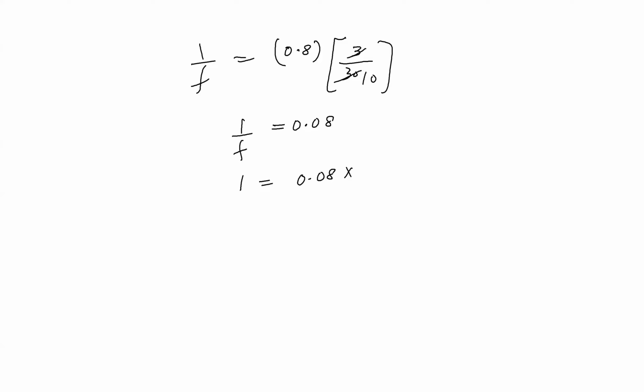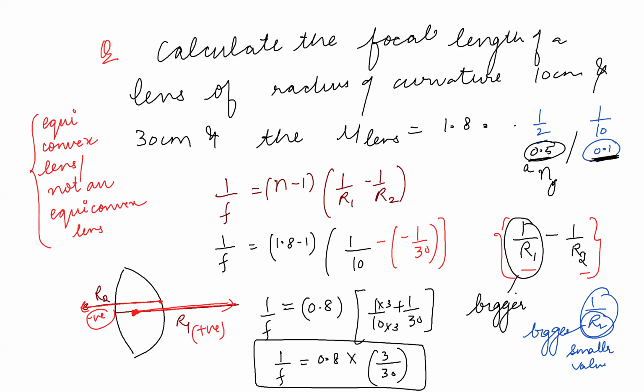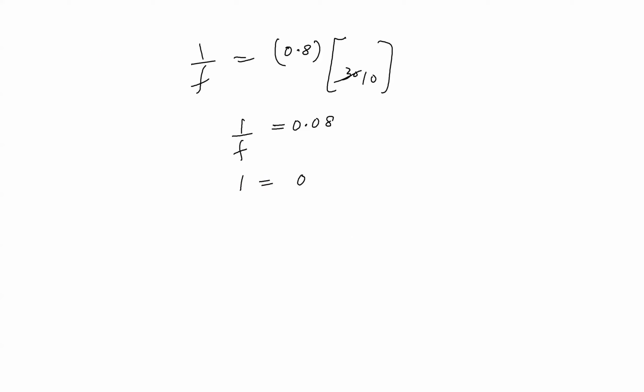No, you're doing 1 over 30 plus 3 over 30. That should be 4 over 30, I'm so sorry. So that comes out to be 4 over 30, and that's going to become 2 over 15, if I'm not wrong.